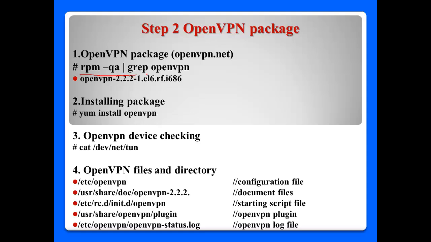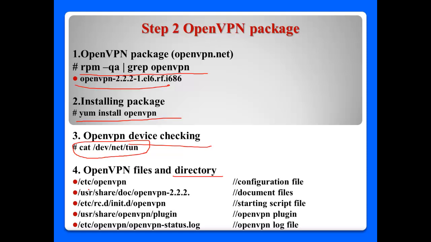Okay, step 2, OpenVPN package. First, we have to check this package using this command. If we don't have it, we need to install it: yum install openvpn. After that, we need to check this device for the VPN. And number 4, OpenVPN files and directories.